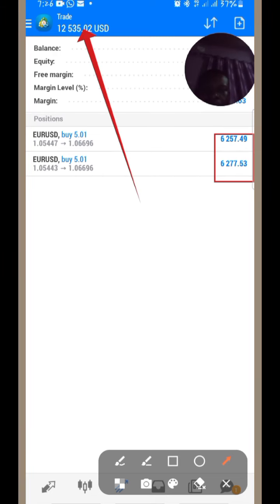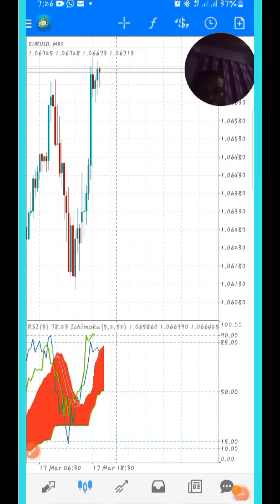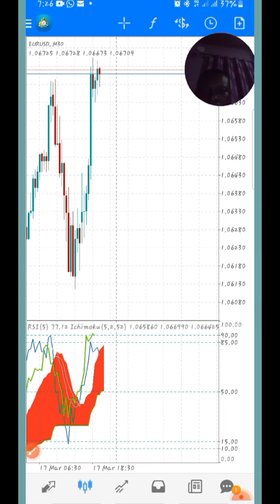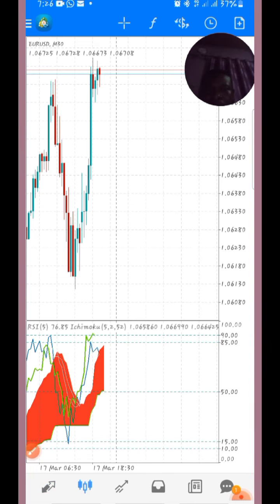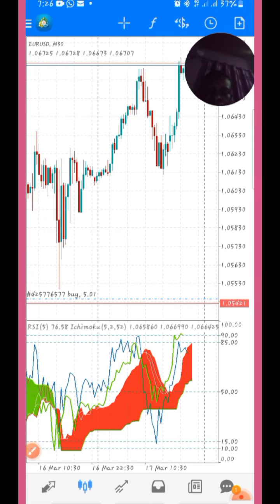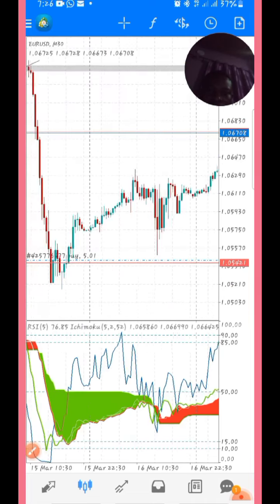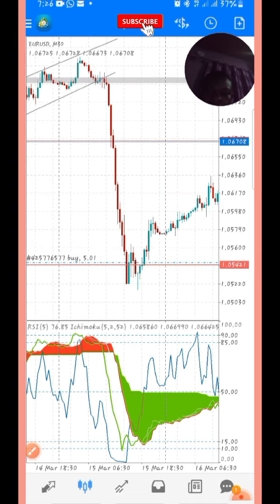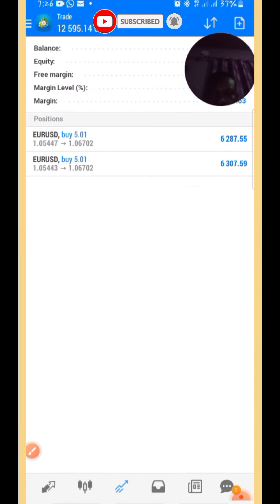I just made 5 lot size with 2 entries, and in a little while I was able to make a reasonable profit having this confirmation on EURUSD. It is the same strategy, just using RSI and Ichimoku, and you can get this done any day, anytime.